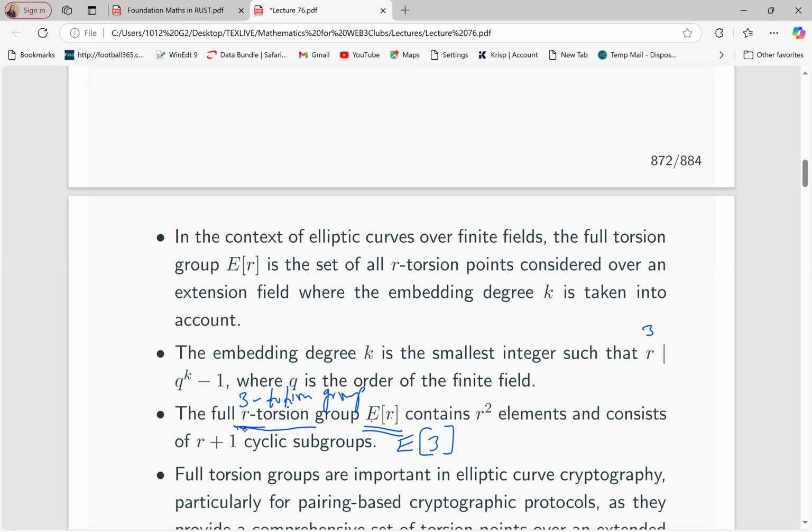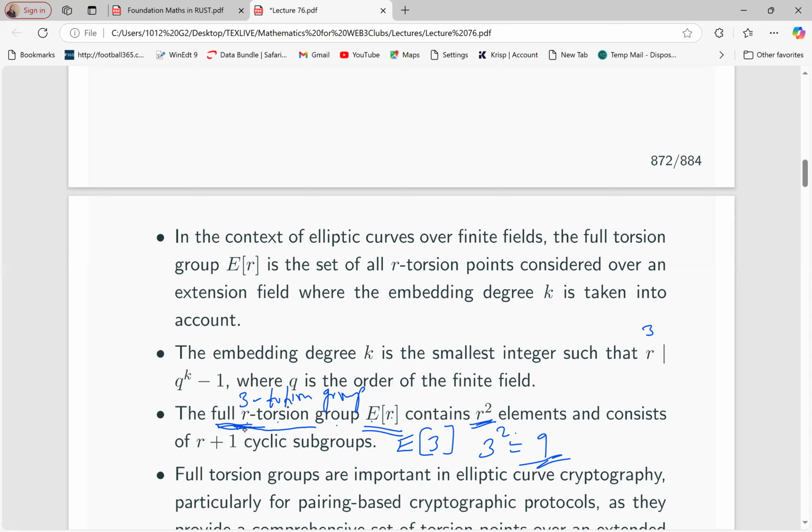Now, how many elements will the full r torsion group have? The full r torsion group will have r squared elements, as we've just seen. In our case above, we had 9, so it is 3 squared, which is 9.